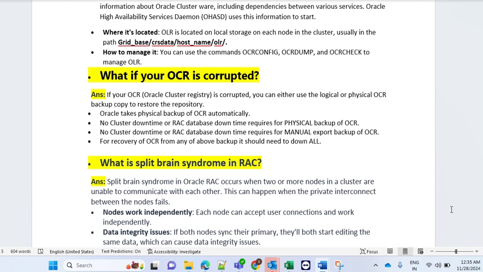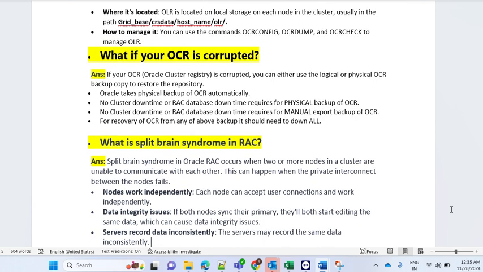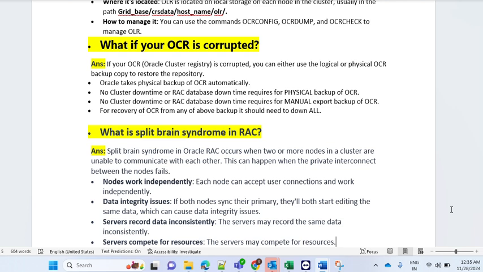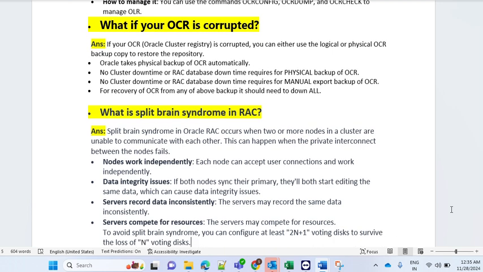Data integrity issues: if both nodes sync their primaries, they will both start editing the same data, which can cause a data integrity issue. The servers may record the same data inconsistently. Servers compete for resources. To avoid split brain syndrome, you can configure at least 2n+1 voting disks to survive the loss of n voting disks.